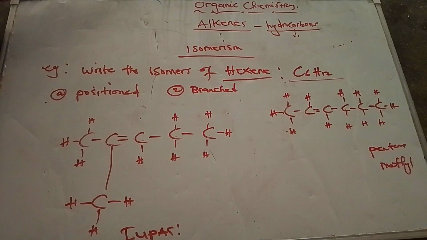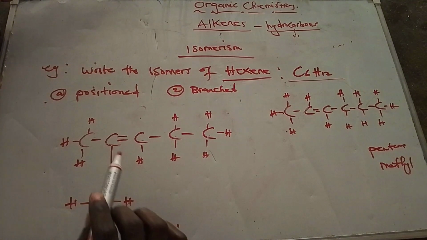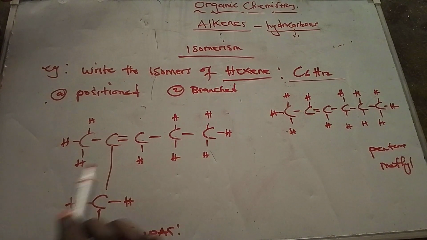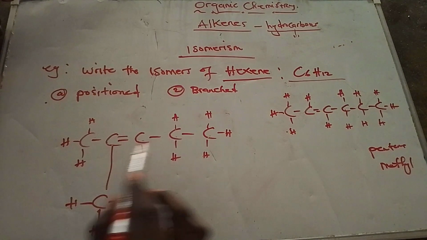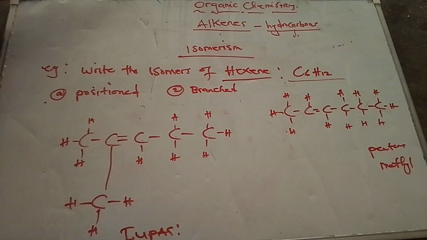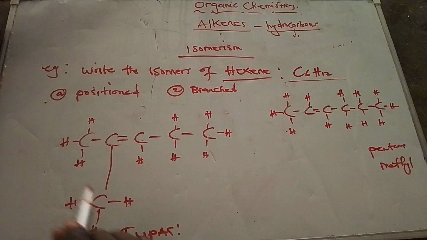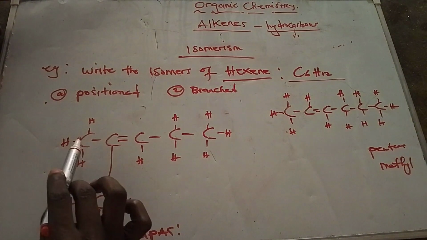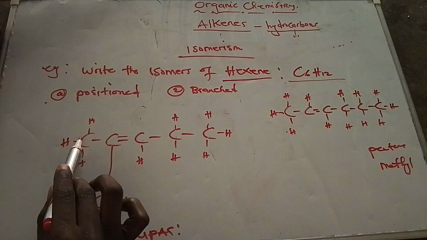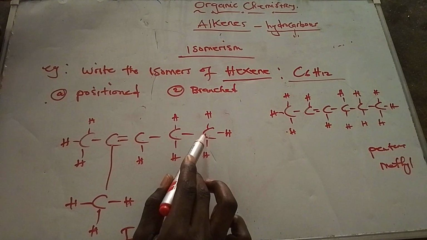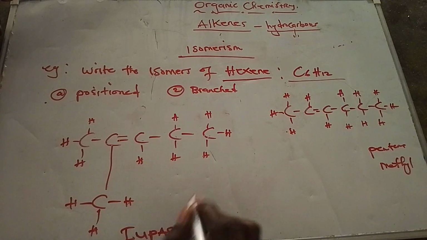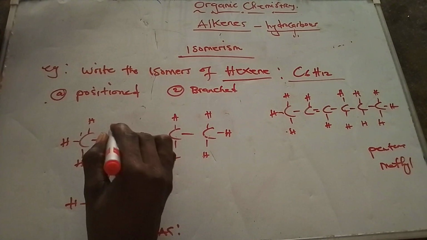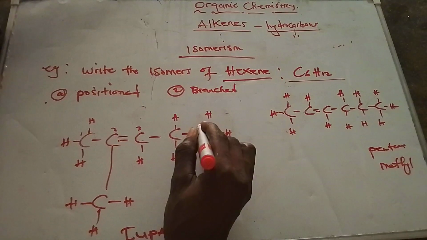Remember I said when counting the number of carbons, you need to focus on the double bond. So the carbon which is nearer to the double bond, that carbon is positioned as the carbon number 1. So this one is closer to this one than this one. So because this one is nearer to this one, then you'll say this one will become 1, 2, 3, up to number 5.